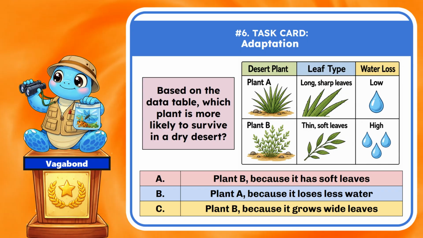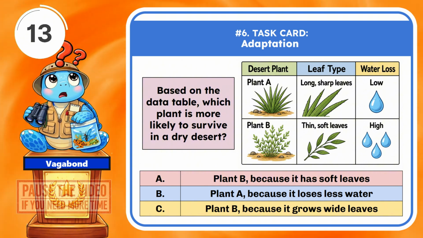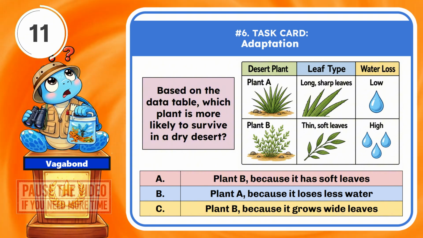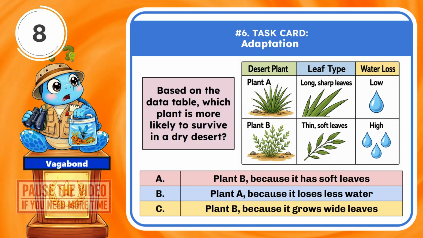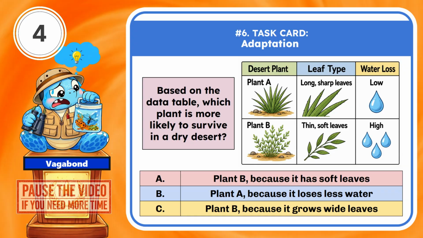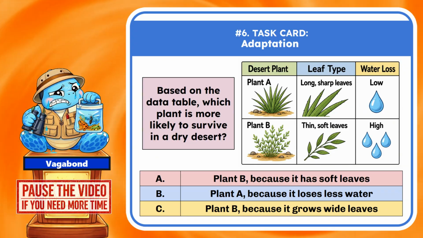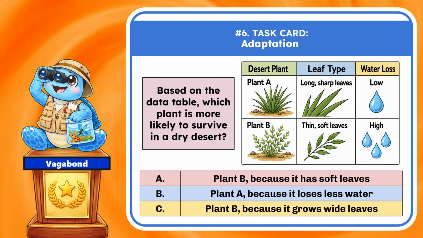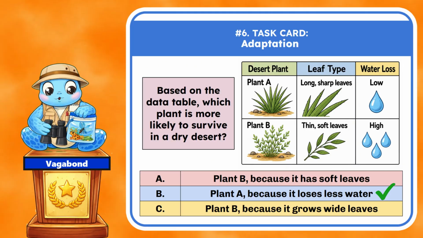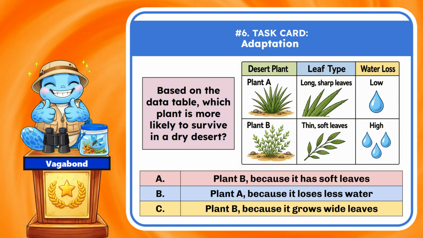Based on the data table, which plant is more likely to survive in a dry desert? And the correct answer is letter B, plant A, because it loses less water.